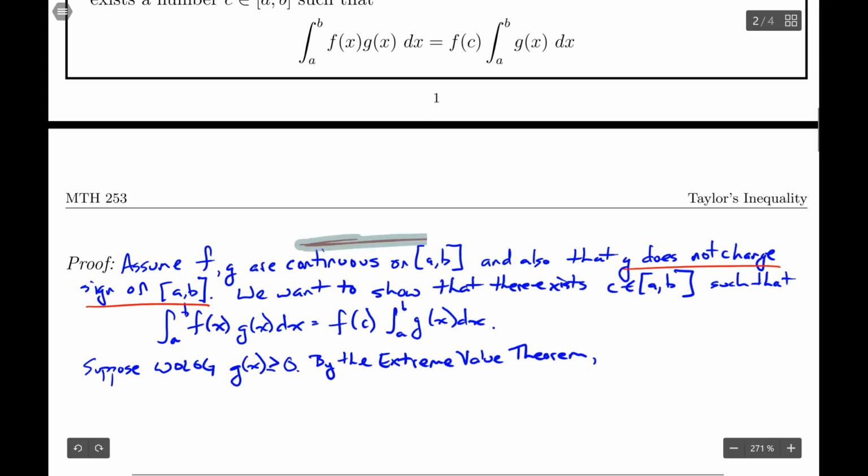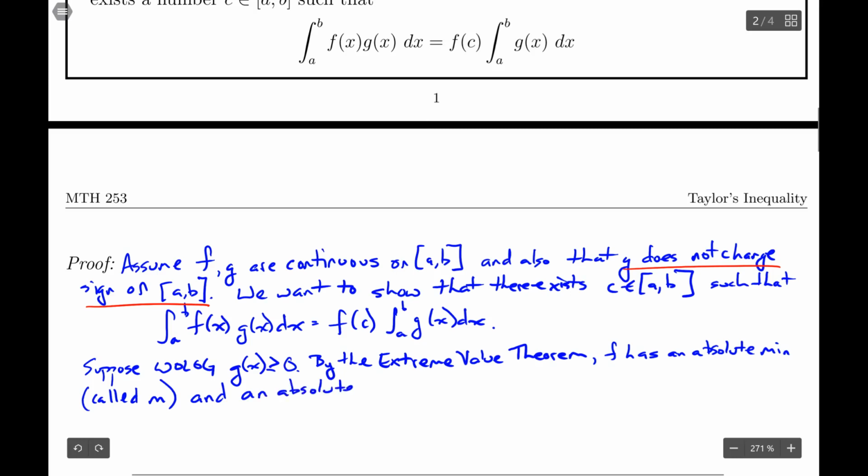So we can conclude from the extreme value theorem that f has an absolute minimum value, let's call it m, little m, as well as an absolute maximum value, and let's call it capital M, somewhere in the closed interval from a to b.